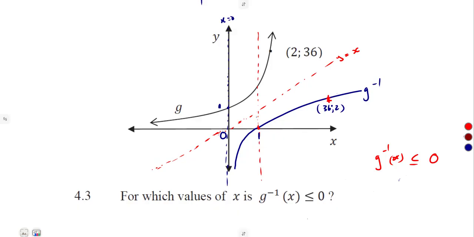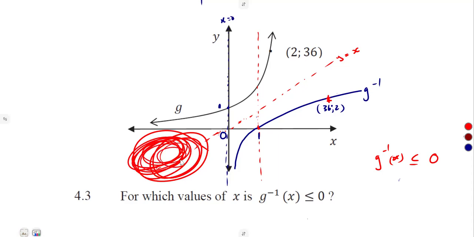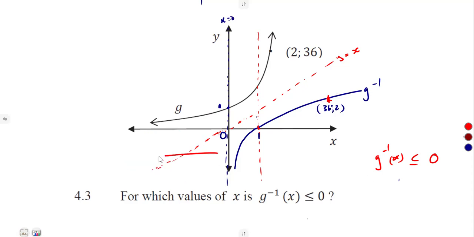So let us judge from those critical values. If we check on this side, we're not going to have any solution on the left side of 0. There is no solution because our graph cannot reach the y-axis. So let's consider from 0 to 1.